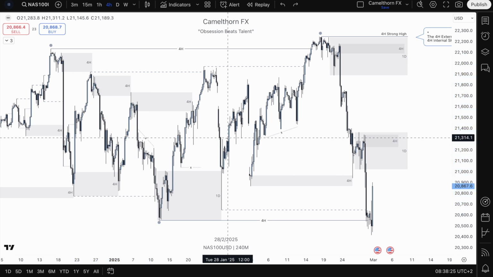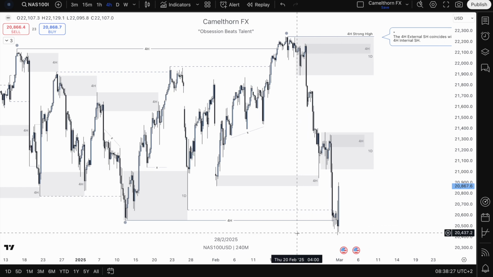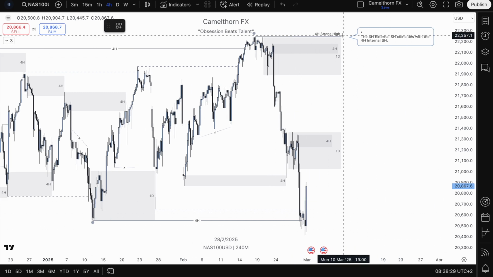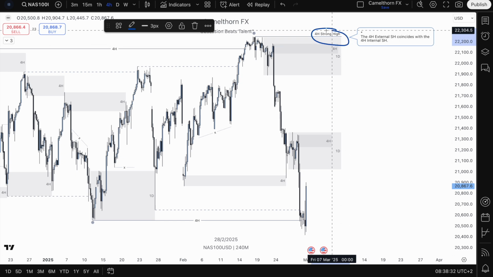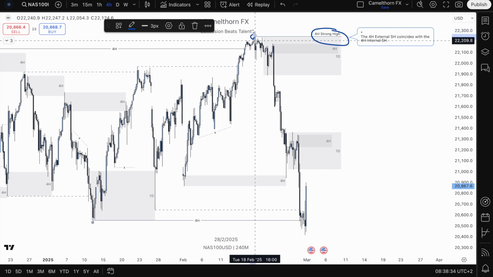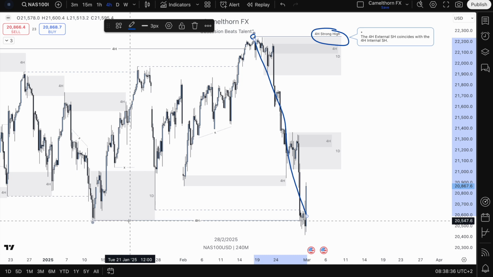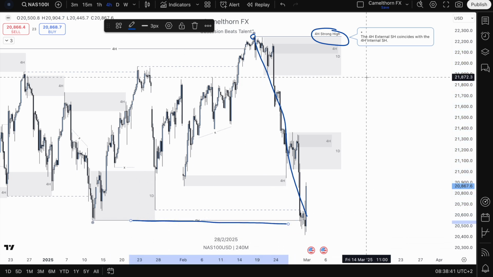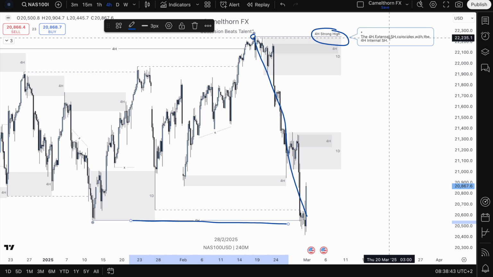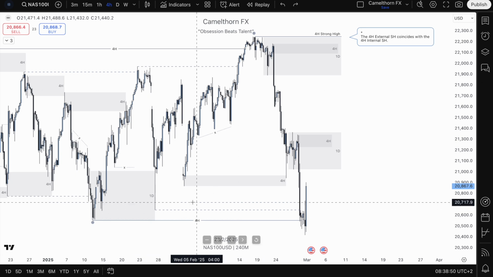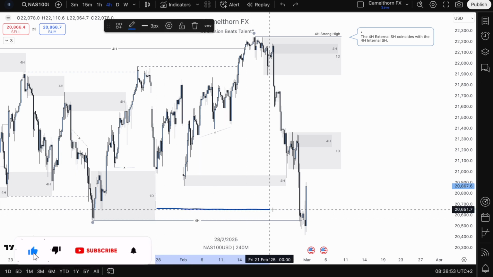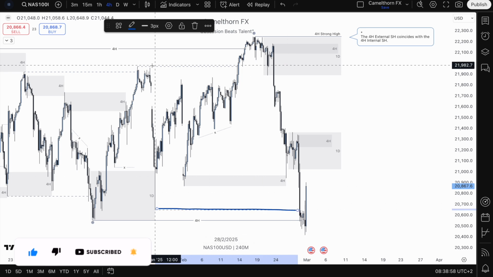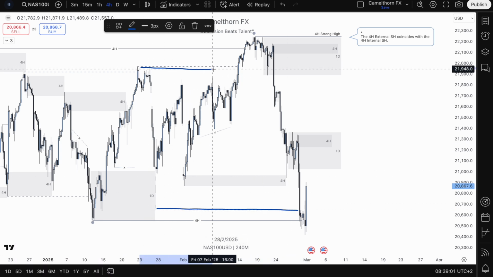Now, this has resulted in, at this current moment in time, our new 4-hour strong high, which is the starting point of the impulsive phase which generated our bearish 4-hour breaker structure here, to coincide with our 4-hour internal strong high. As you can see, prior to our internal structure shifting bearish here, our last internal bullish breaker structure was located all the way up in here.